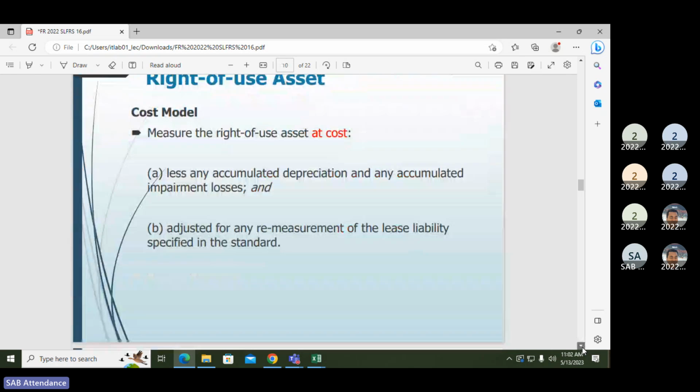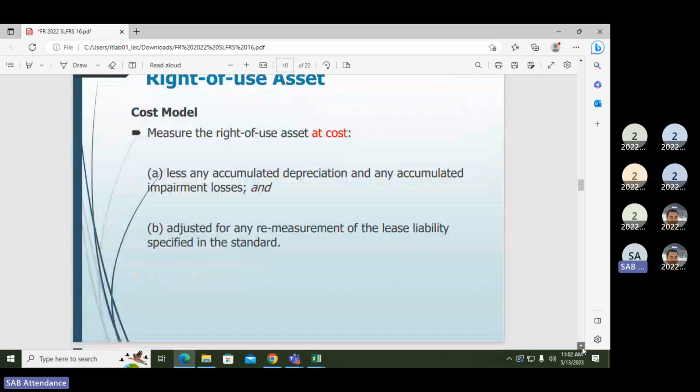But from the lessor's point of view, the accounting treatment is totally different, whether the lease is a finance lease or an operating lease. In substance, in a finance lease, with the right of use asset, risk and rewards are transferred to the lessee.